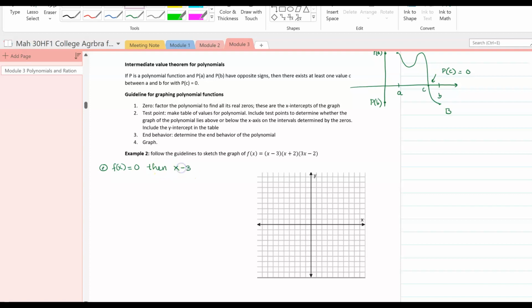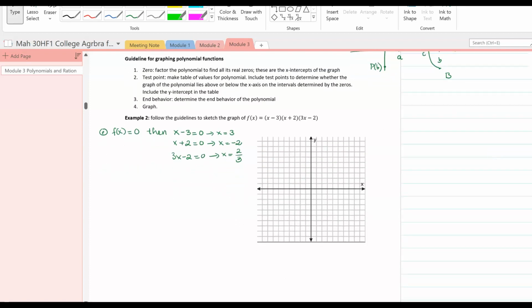Then x minus 3 equals 0, which leads to x equals 3. x plus 2 equals 0, which means x equals negative 2. 3x minus 2 equals 0, so x equals 2/3. So these are the x-intercepts.